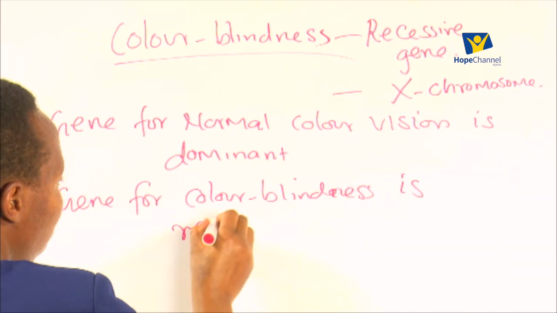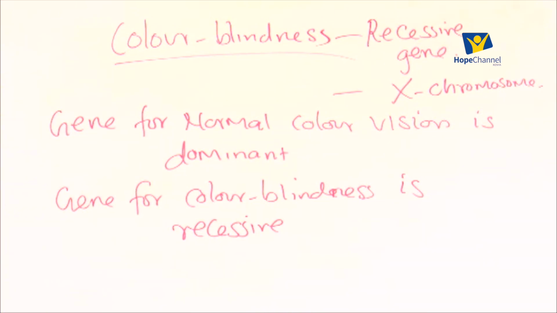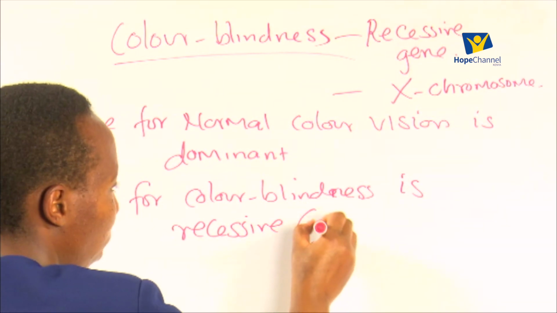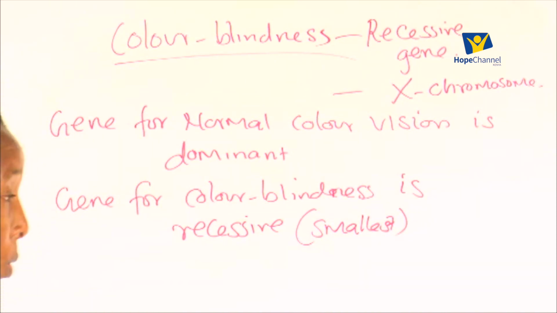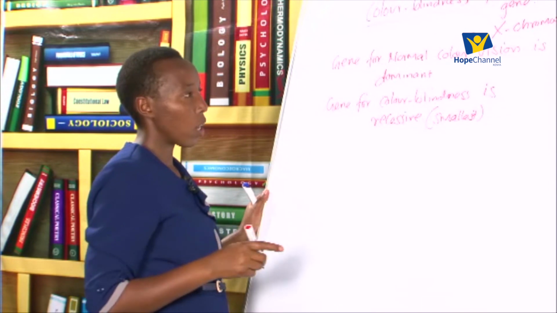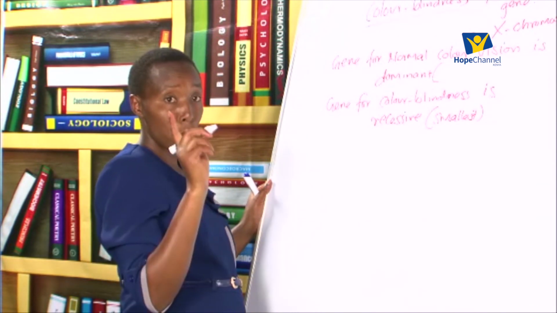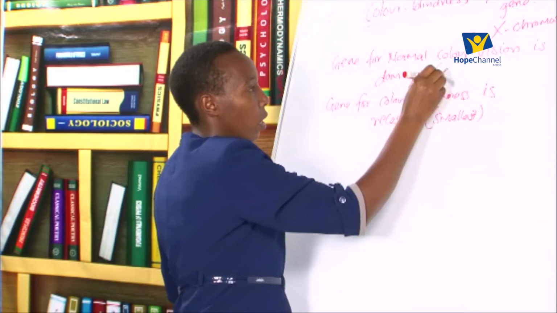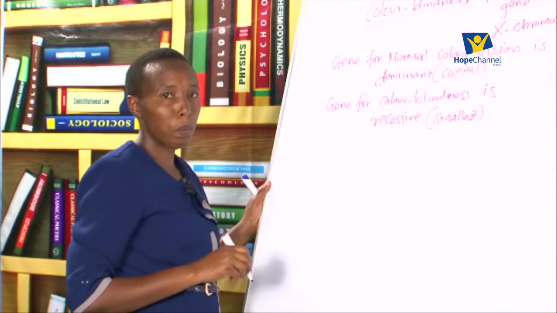Recessive. And because the gene for color blindness is recessive, we are going to use a small letter. Whichever letter we are going to use, make sure it is a small letter because it's a recessive gene. And anytime you're using a dominant gene, you have to use a capital letter.